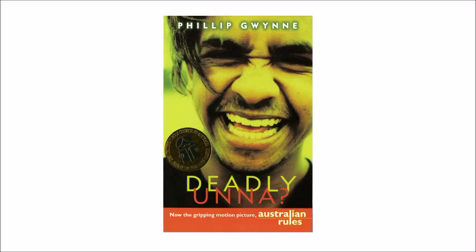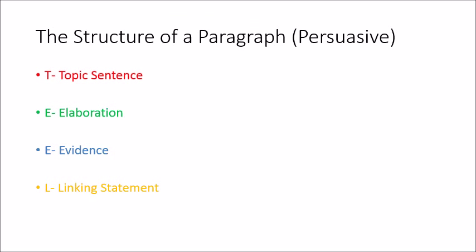Now, as a Year 9 student, you've likely come across TEEL structure. I know that my students spent the first part of the year writing persuasive paragraphs, and for this reason they had to understand the relationship of the topic sentence, elaboration, evidence, and linking statement sections.